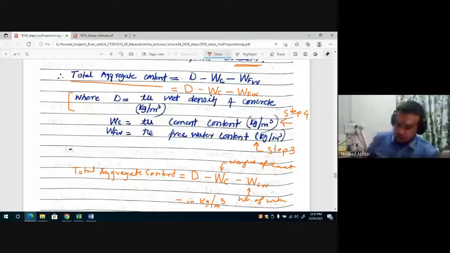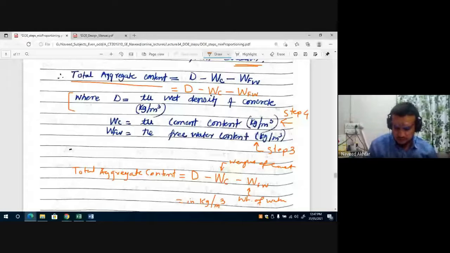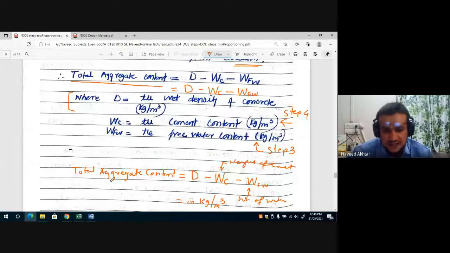Now you know the total aggregate required. Based on this, you have to find out the proportion of coarse aggregate and fine aggregate. So far we have found only the total aggregate content.